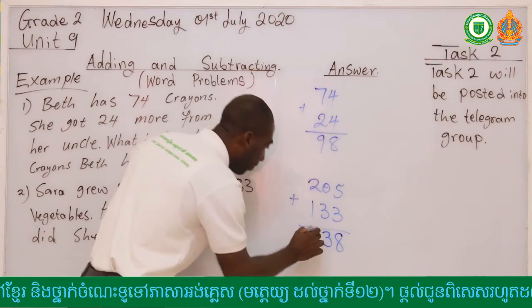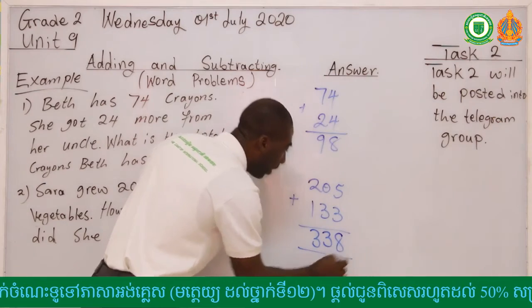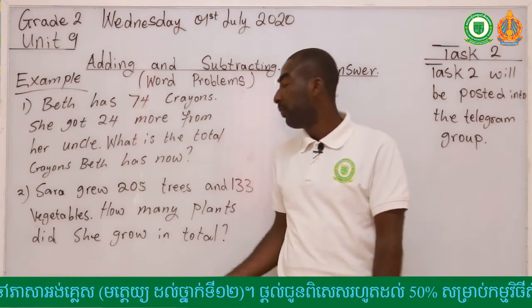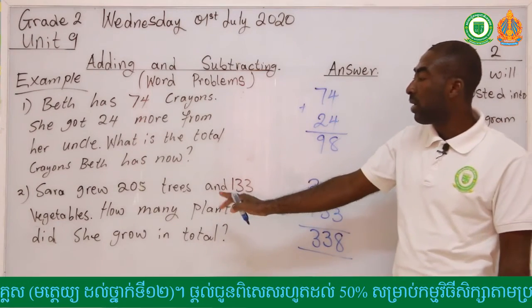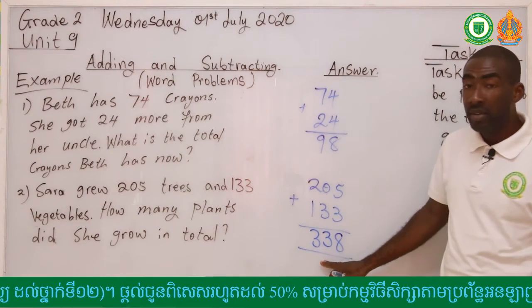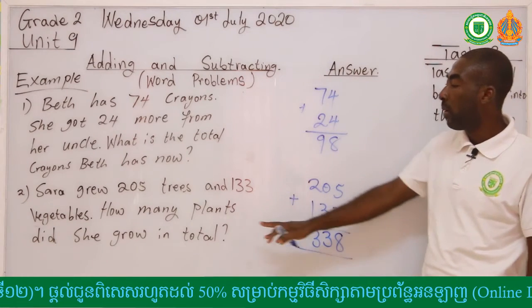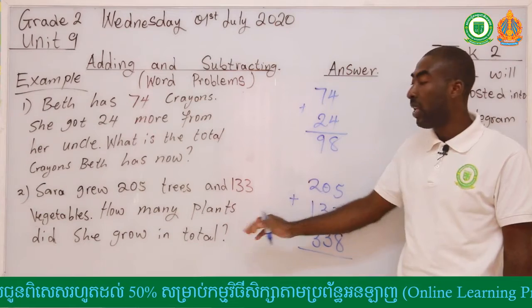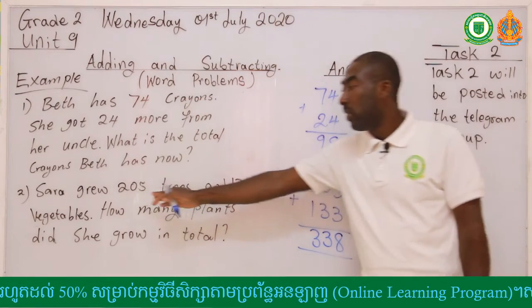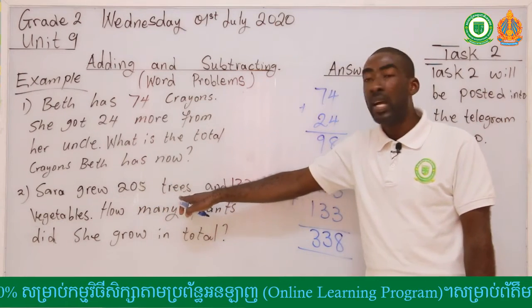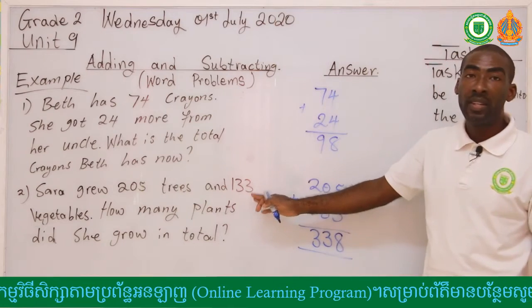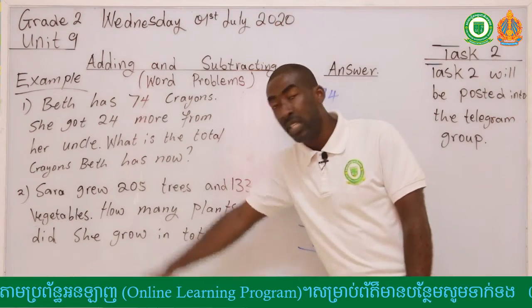And 1 plus 2 will also give us 3. So in total, Sarah grew 338 plants. Okay? And out of these plants, 205 are trees and 133 are vegetables.